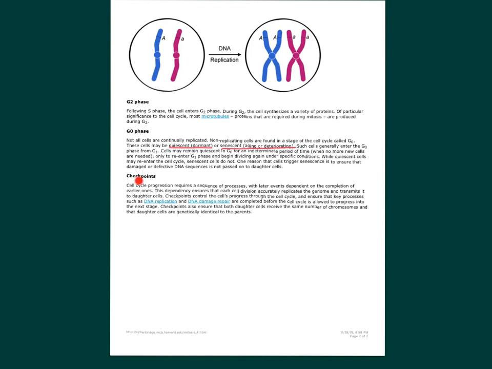And then you have checkpoints that tell the cell, stop, there's something wrong, don't go into mitosis. When these checkpoints go wrong, that's one of the ways you get cancer, because cancer is when there's a mutation in the DNA and nothing is telling the cell to stop dividing. Because the checkpoints are broken, the cell keeps dividing and dividing.